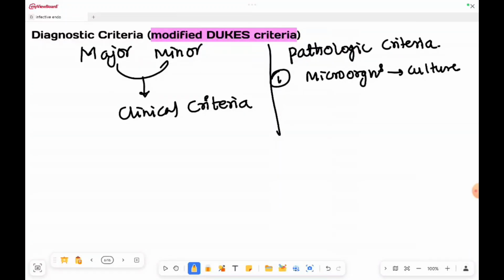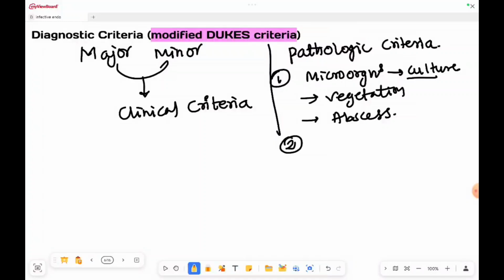So what will we use for culture? Vegetation and intracardiac abscess. So there should be microorganisms in the culture. And second one will be histologic confirmation of causative organism. Now we will see about clinical criteria.